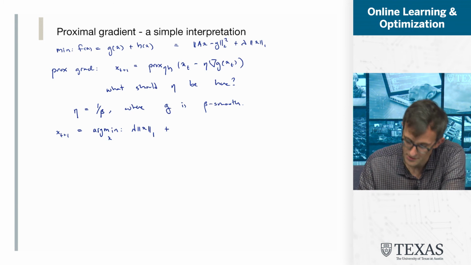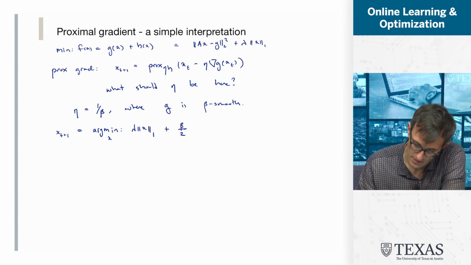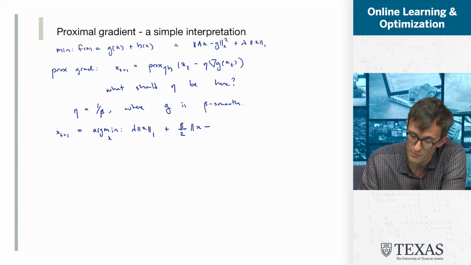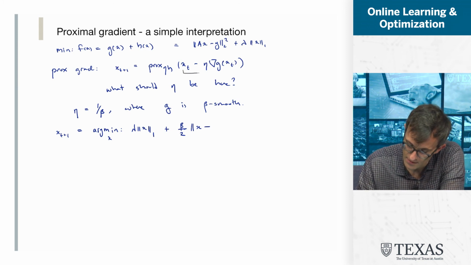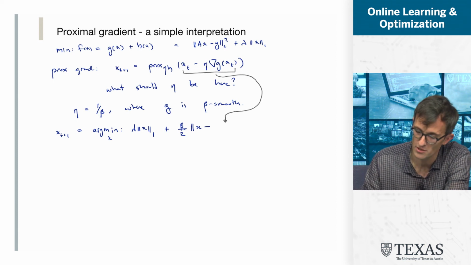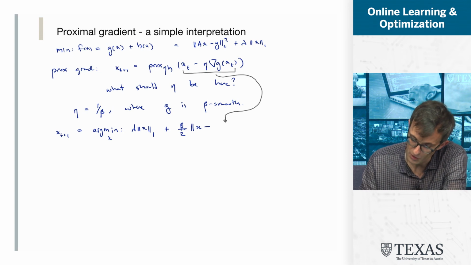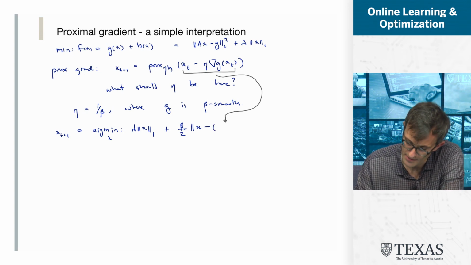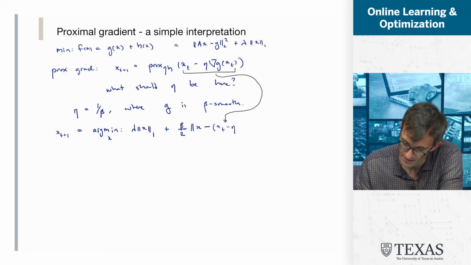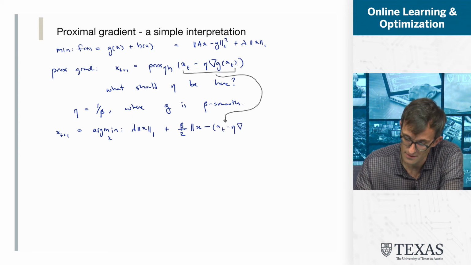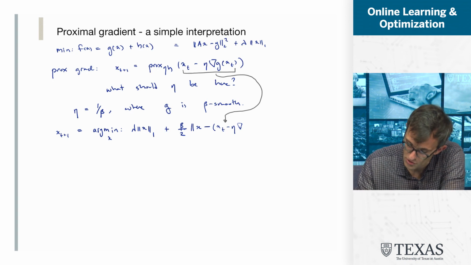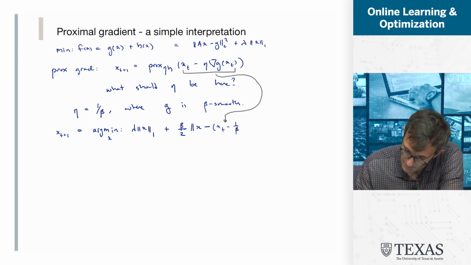But eta is 1 over beta, so that turns into beta over 2, times the norm of x minus wherever I evaluate my prox. In this case, this term goes here, so x minus (x_t minus eta gradient), and this is the same eta, so I should just write 1 over beta here, times the gradient of G evaluated at x_t. This is the 2 norm squared.